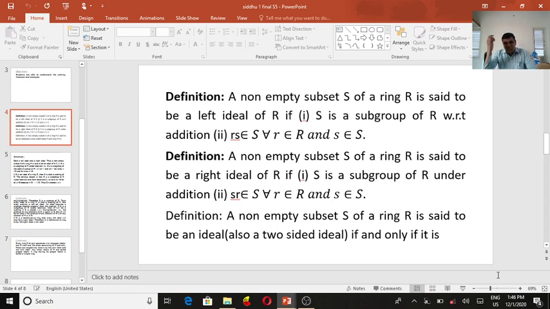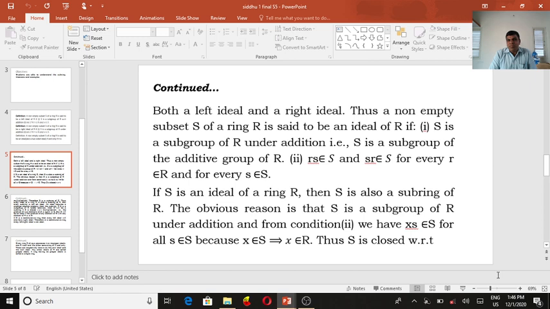Now, a non-empty subset S of a ring is said to be an ideal if and only if it is both a left ideal and a right ideal. Whatever it may be, we simply say an ideal, whether multiplying on the left-hand side or the right-hand side.